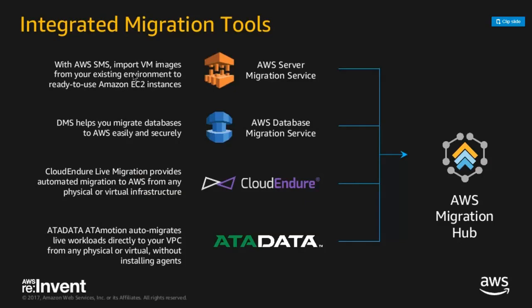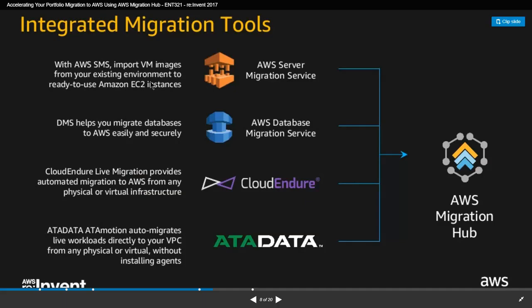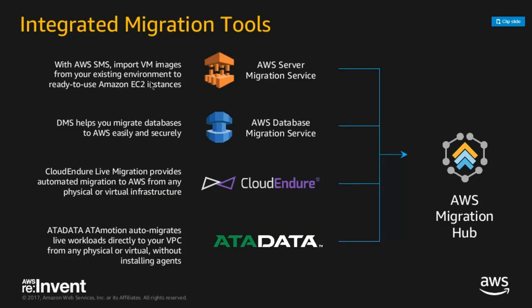If you do not have Hyper-V or VMware, and if you have a physical environment, or any other hypervisor, then the SMS tool cannot be a fit for you. It cannot do anything for you. Are you getting my point? You cannot use this. It only supports VMware and Hyper-V, no other environment, and physical is also not supported.